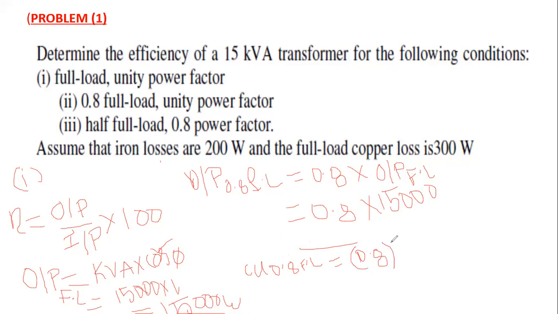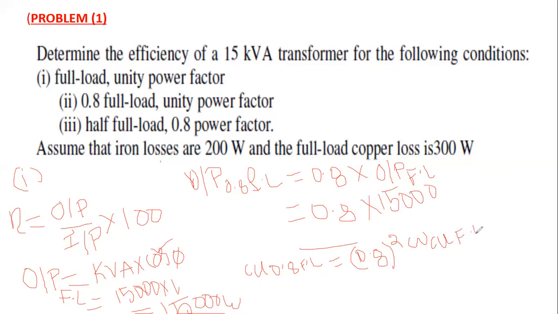The formula is load square: 1 means 1 square, half means half square, 3 by 4 means 3 by 4 square, into the full load copper losses, WCU at full load.